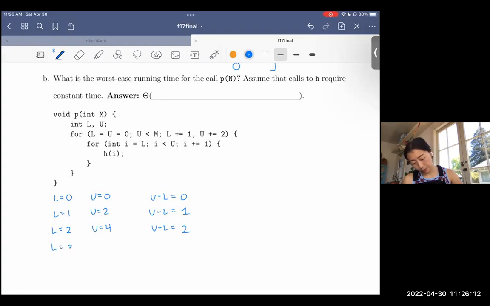Okay, there's some sort of pattern emerging, right? Sorry, U is incremented by 2, so it's like this. And now the difference between them is 3. That's how many times we evaluate H. And we can keep doing this. And what we're going to see is that the amount of work done in the inner loop is 0, 1, 2, 3, 4.